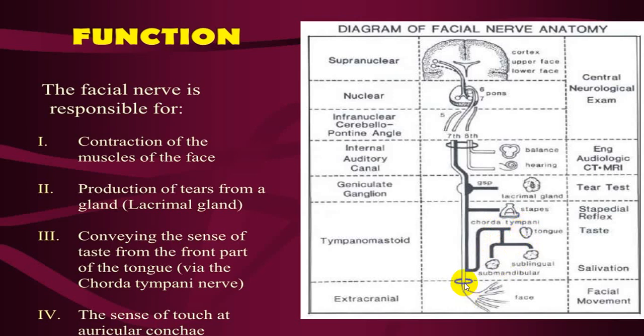And then when it comes out of the stylomastoid foramen, it will be supplying the muscles of the face, as well as the posterior belly of digastric muscle and stylohyoid, which will be taking part in deglutition.